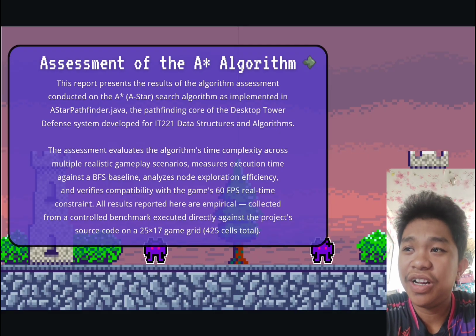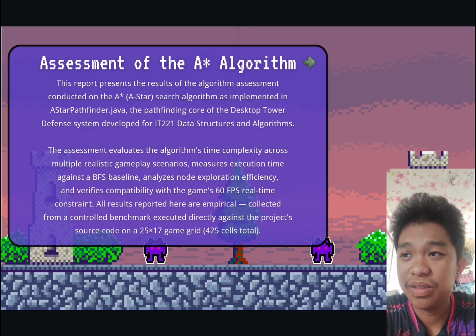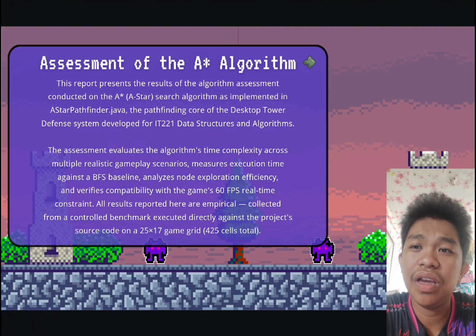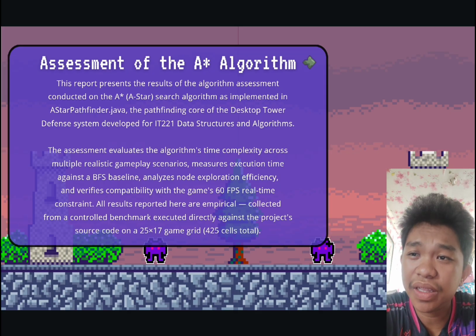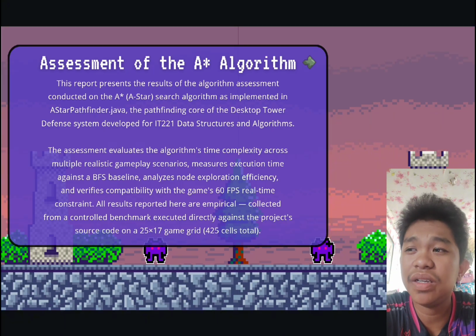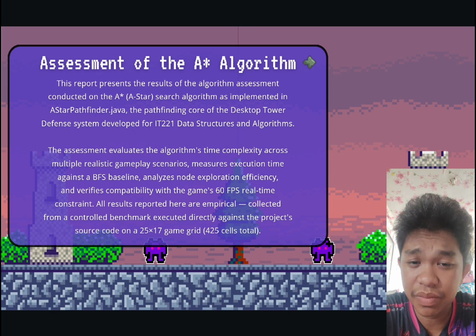Assessment of the A-star algorithm. This report presents the result of the algorithm assessment conducted on the A-star search algorithm as implemented in AStarPathfinder.java, the pathfinding core of the desktop tower defense system developed for IT-221 Data Structures and Algorithms.